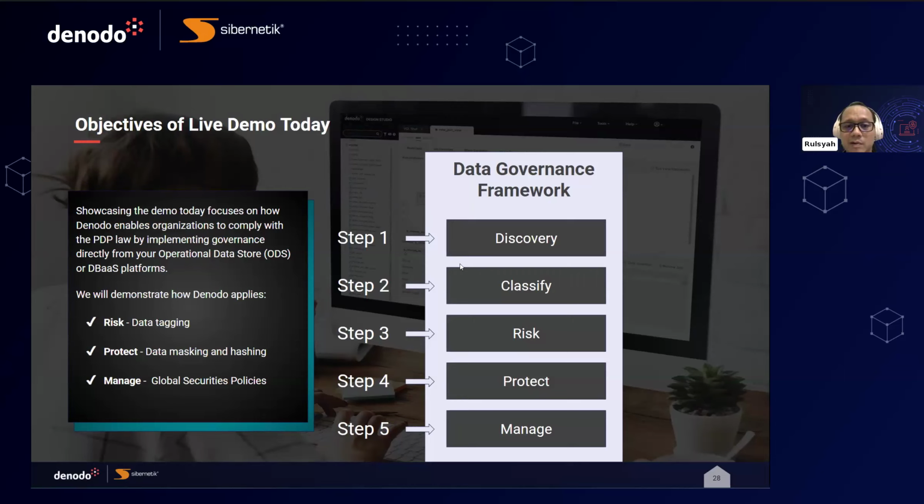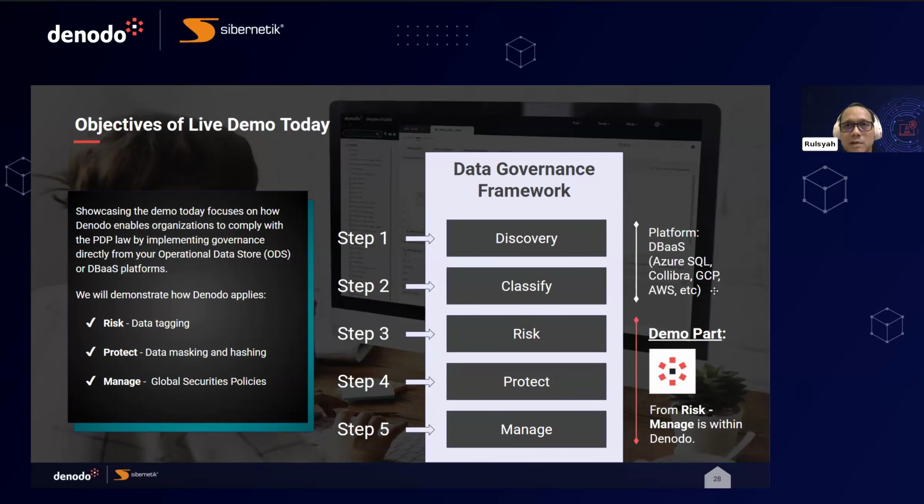With Denodo as a single source of truth, we can connect all major data sources, such as SQL Server in this sample. You can also have another platform like GCP or AWS, or on-premises database platforms. And all these tools can help you with the discovery of data assets in your organization.